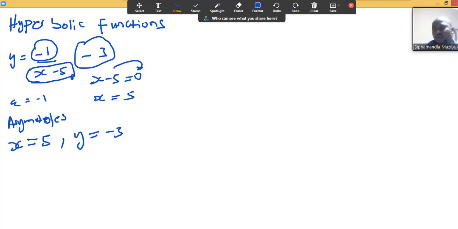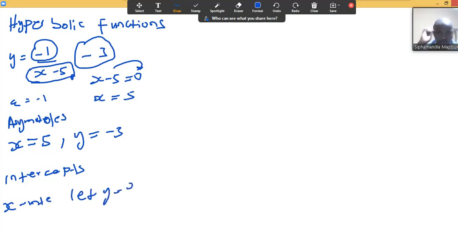Let's look at our intercept now. To find the x-intercept, we let y equal to 0. So this is our original equation, y equal to -1 all over x minus 5, minus 3.